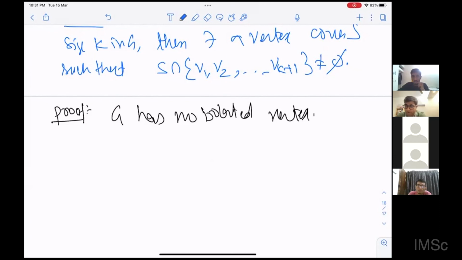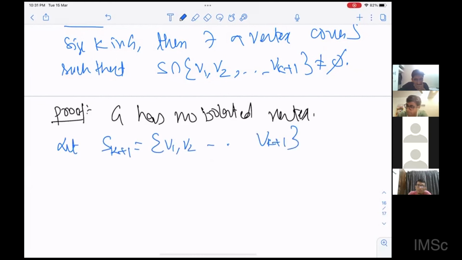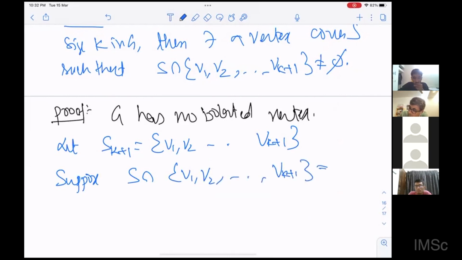Go ahead. So you say let S_{k+1} equal v1 to v_{k+1}. Fine? Yes. And then let S intersection S_{k+1} equal phi. I want to give a contradiction. Suppose S intersection {v1, v2, ..., v_{k+1}} is equal to phi.